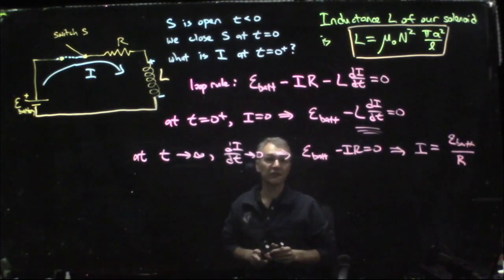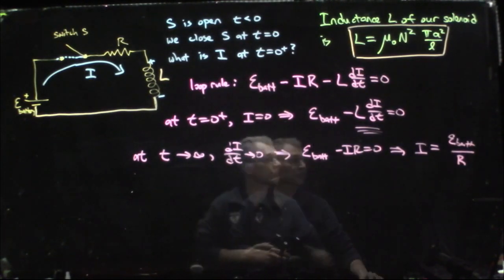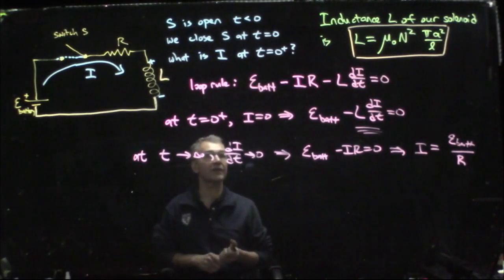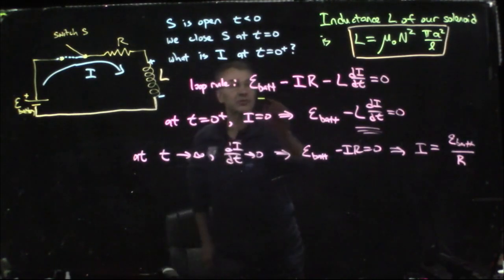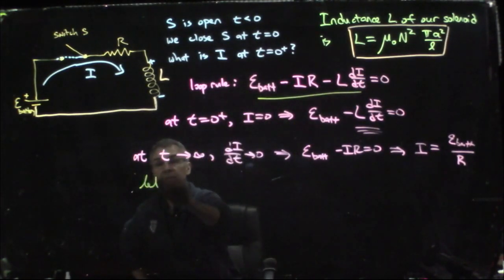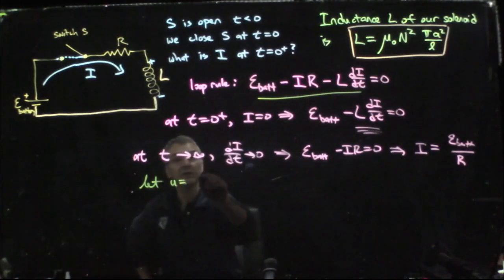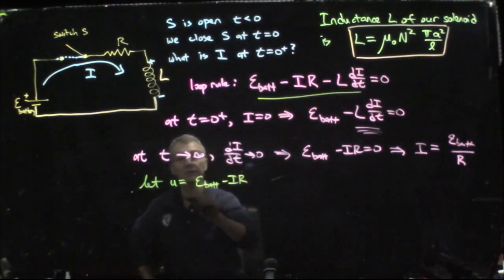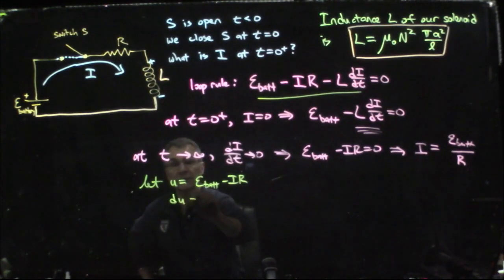Then we could ask, what happens at intermediate times? We won't ask you to do this on an exam, but I think it's good to see how it's done in a lecture. So let's take this differential equation for I, and let's make a substitution. Let U equal the battery EMF minus IR. Then we have du equals minus R di.